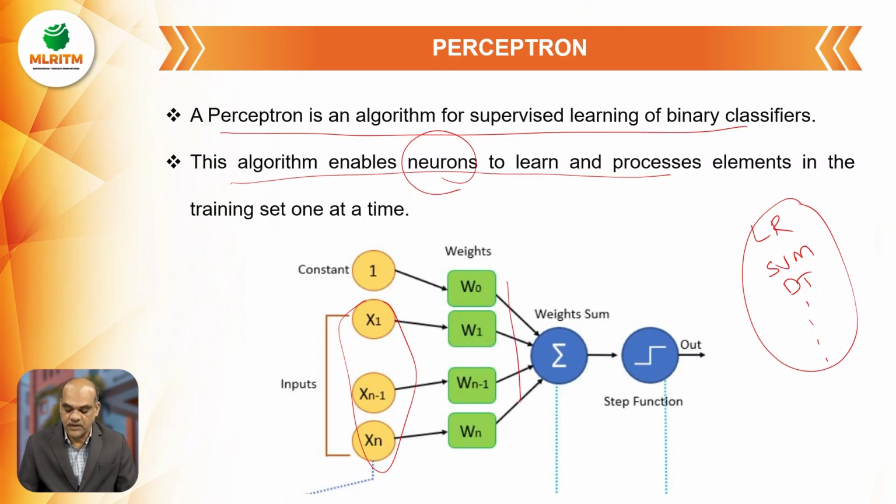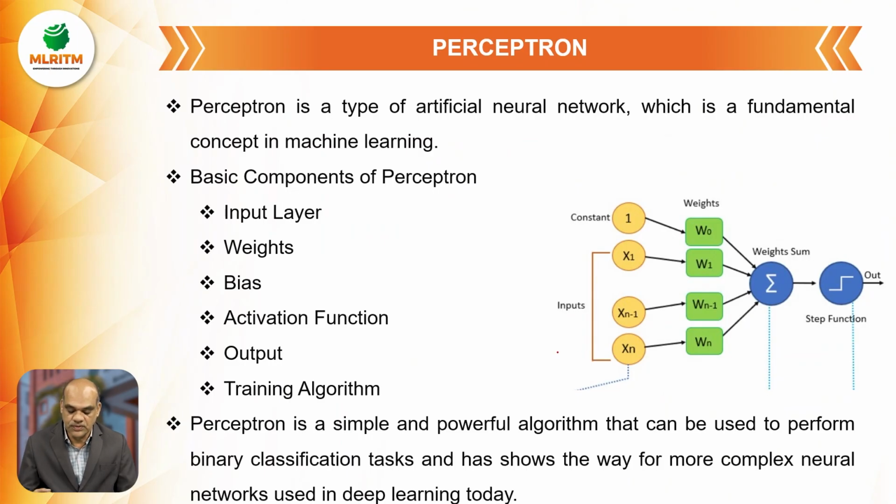Based on that, we incorporate a number of neurons in the hidden layer. The inputs and weights are used to process the data during the training. Each and every feature will be processed at one time, corresponding to that data.